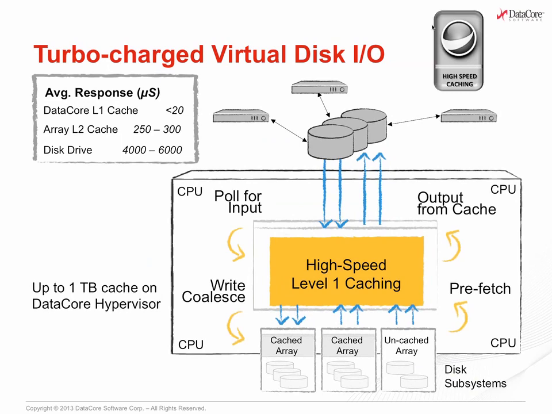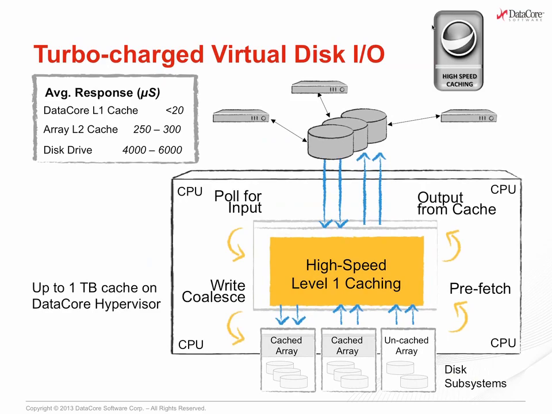So what DataCore does in the background is we coalesce writes. We write bigger blocks up to 1 megabyte, and we pass them on to the cache on the storage, and the storage writes sequentially into the RAID array. So in this case, DataCore is helping the writes.